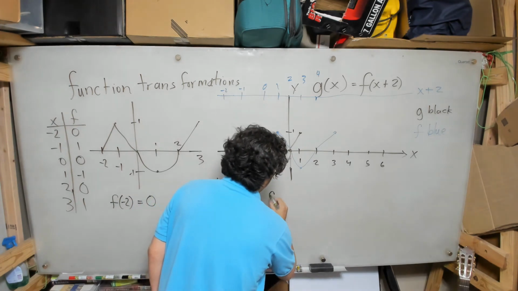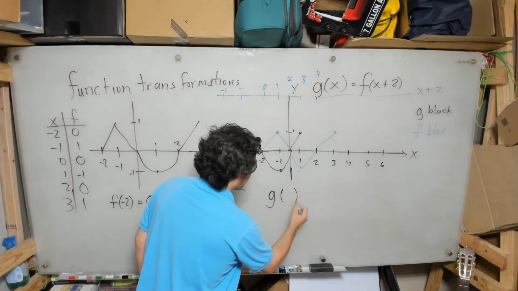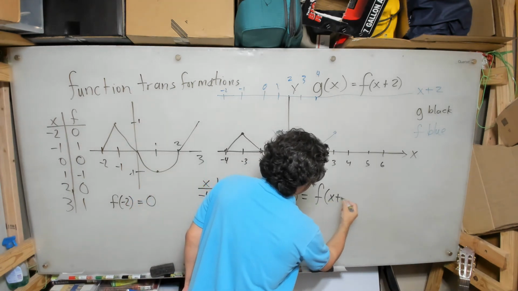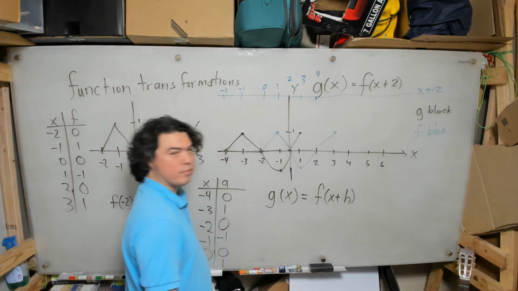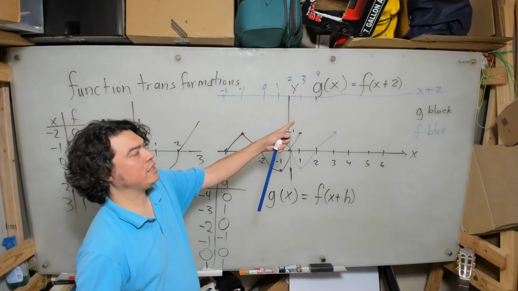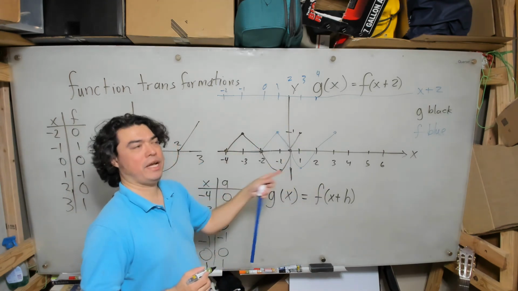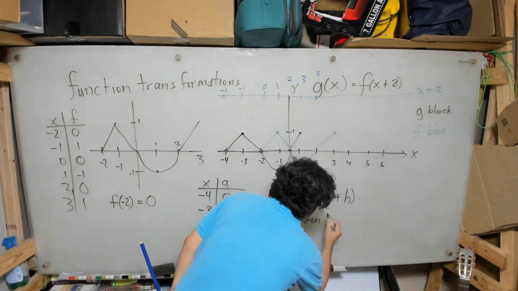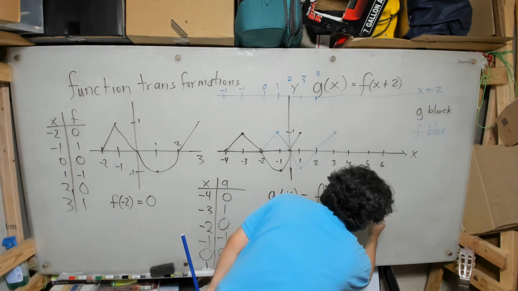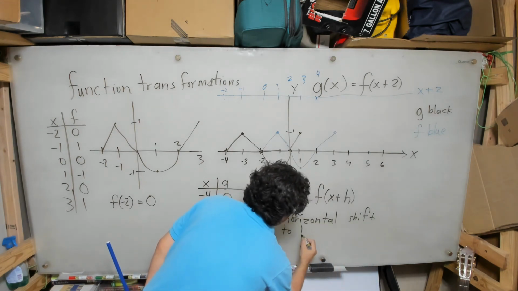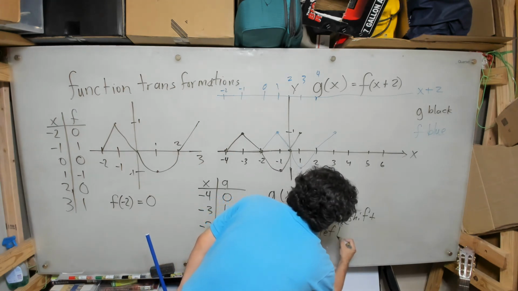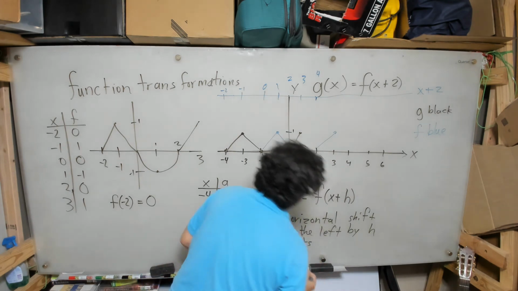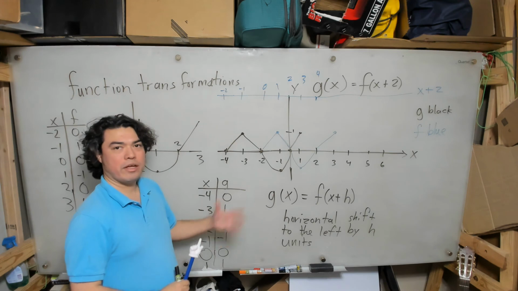We know that in general, if I have a function g of x, and I write it as f of x plus h, assuming h is positive, so in other words, let's say f of x plus 2, f of x plus 3, f of x plus 100, then this will be a horizontal shift to the left by h units. Okay? And there you have it.